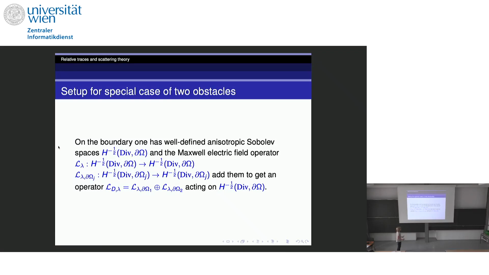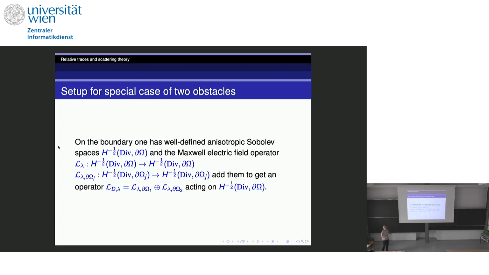And we just take 2 obstacles. So if we just take 2 obstacles, this thing right here, much like we had before, is the direct sum of the single layer potential acting on one object and the single layer potential. Sorry, I get the words layer operator and layer potential confused.